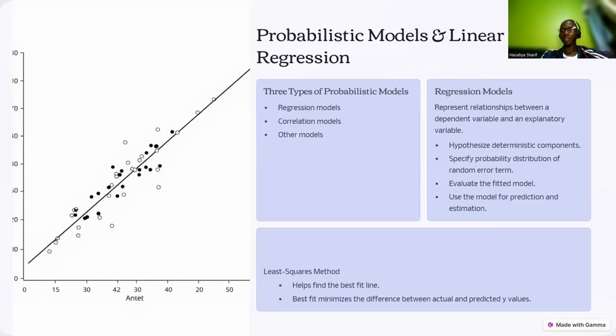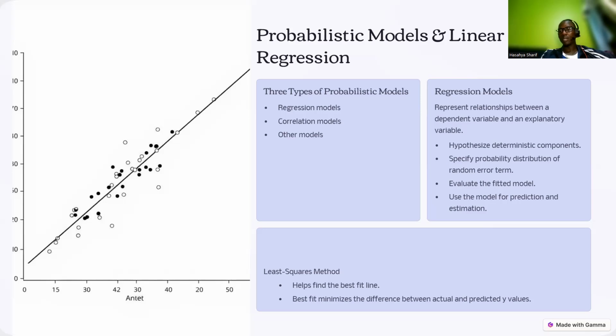A dependent variable would be from our linear function. That would be the y, or what we are trying to predict. Then the explanatory variable would be our x, the data that we are trying to feed in or to test.